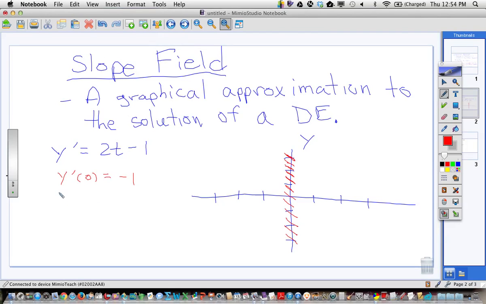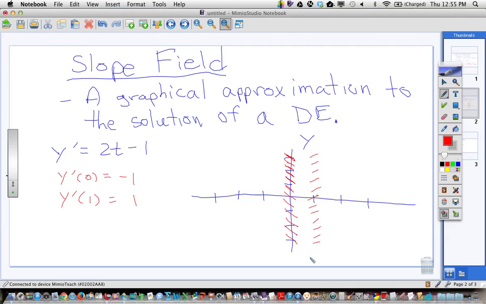All right. Let's plot another point. Let's plot a 1. What do you get? 1. So when t is 1, I know that this graph is going to have a slope of 1.